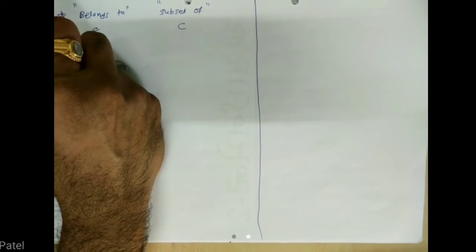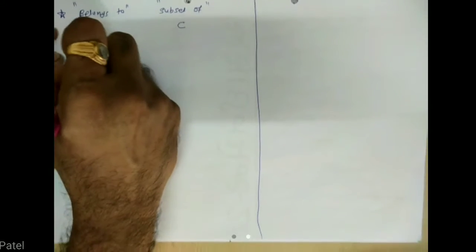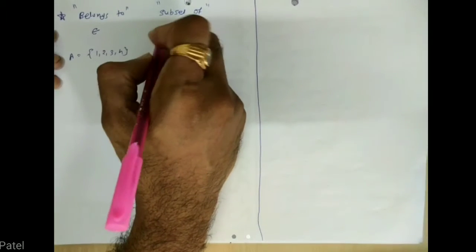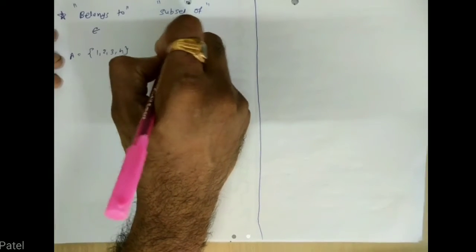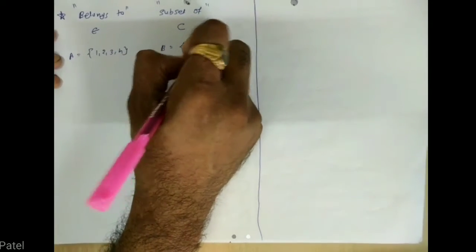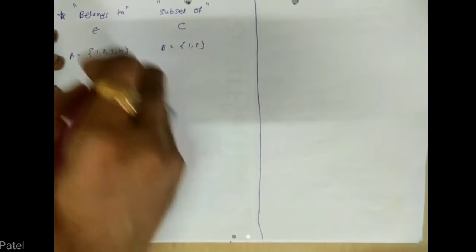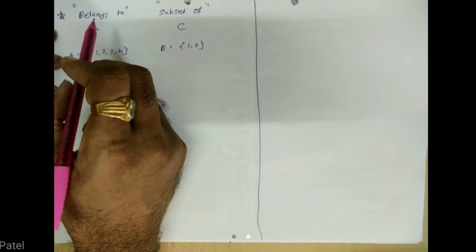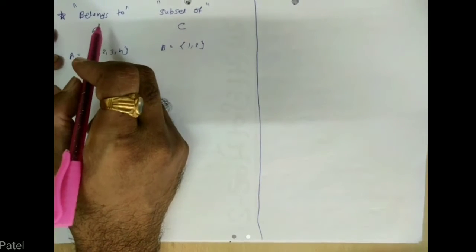For example, if we are having one set A {1, 2, 3, 4}, and suppose we are having one set B, the elements are 1, 2. So what is the meaning of this belongs to symbol? Belongs to symbol is used to indicate the relationship between element and set.